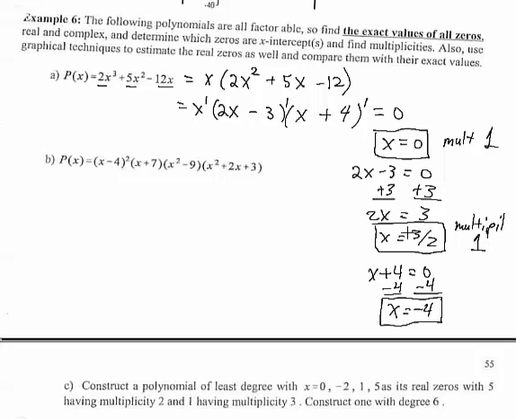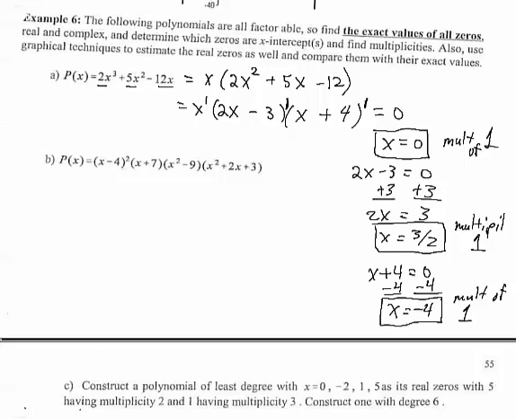Each one had a power of 1, and the exponent for these factors is written immediately outside of the parentheses. So for 2x minus 3, we have this 1. For x plus 4, we have that exponent 1. So a multiplicity of 1 for each. In other words, it's not going to be tangent to the x-axis at those locations. It's going to pass straight through them.